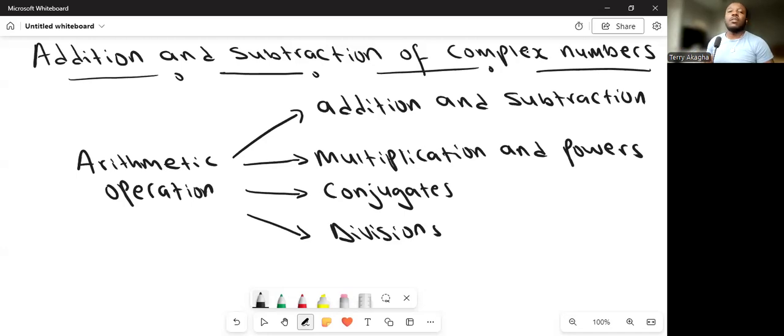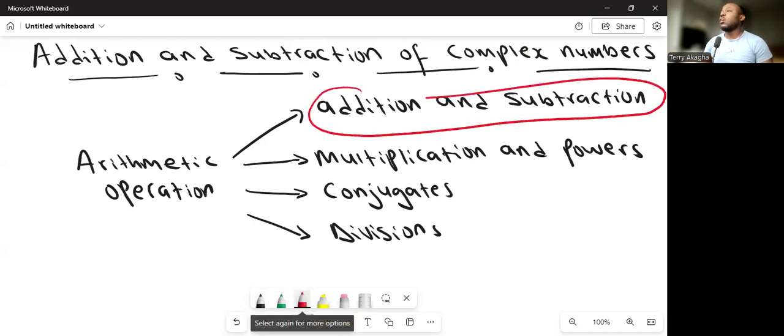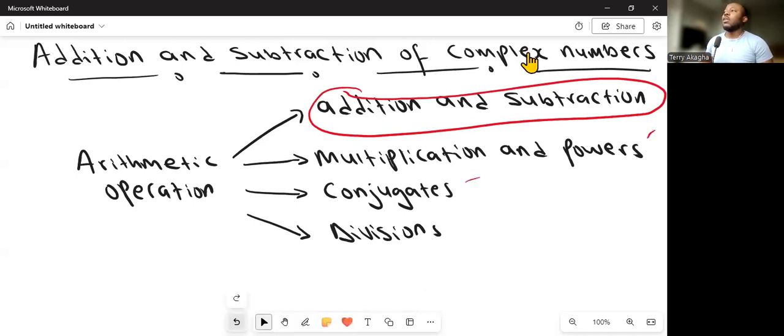So these are the four things I'm referring to. But in this video, I'm just going to talk about addition and subtraction. Then in the subsequent videos, I'm going to talk about multiplication and power, conjugates, and division.